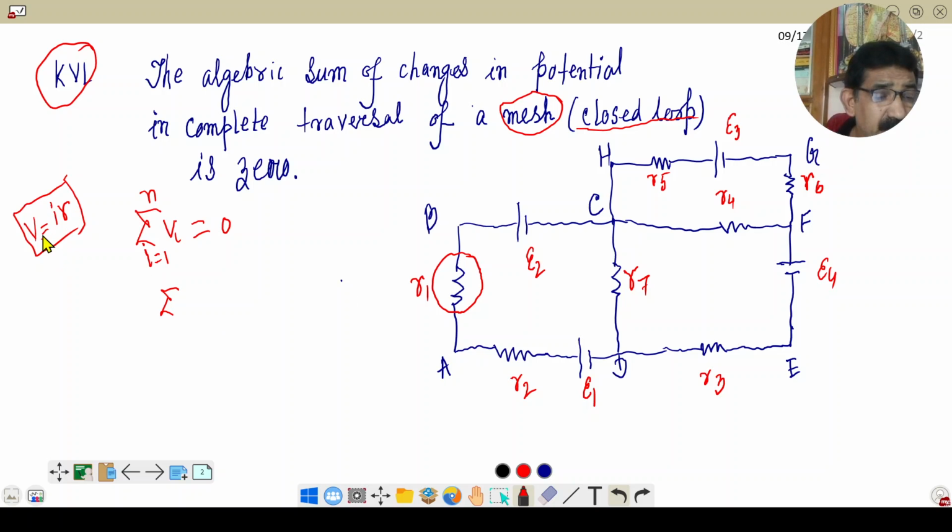IR is equal to voltage. In this case, this is actually a voltage drop. Now, we shall discuss what about voltage gain, voltage drop, etc. There are so many concepts associated with KVL.